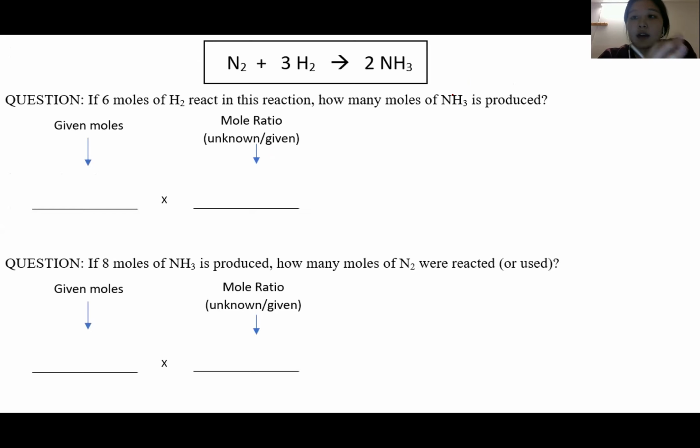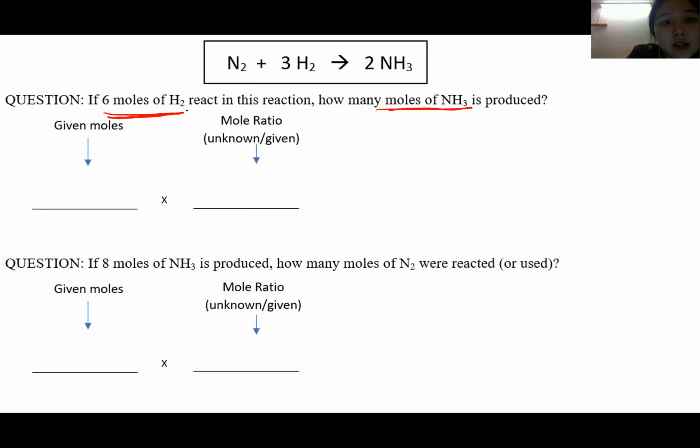Let's look at this question. If 6 moles of H2 react in this reaction, how many moles of NH3, ammonia, are produced?